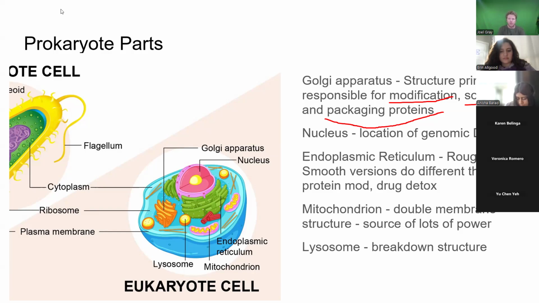It's a high energy compound. It also happens to be a nucleotide triphosphate, or a nucleic acid. So when you hear DNA and you think deoxyribonucleic acid, well, ATP is a ribonucleic acid.